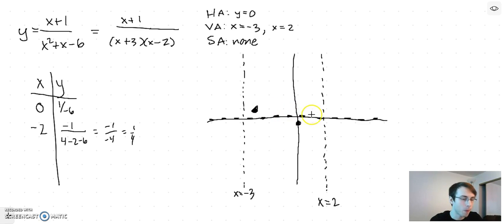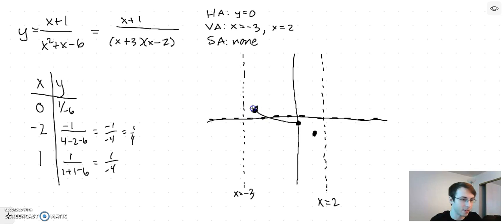And at x is 1, which will be like over here, plug in 1, we get 2 over 1 plus 1 minus 6. We get 2 over negative 4, so negative 1/2. So now we're down on here. So we can kind of see what's happening here.